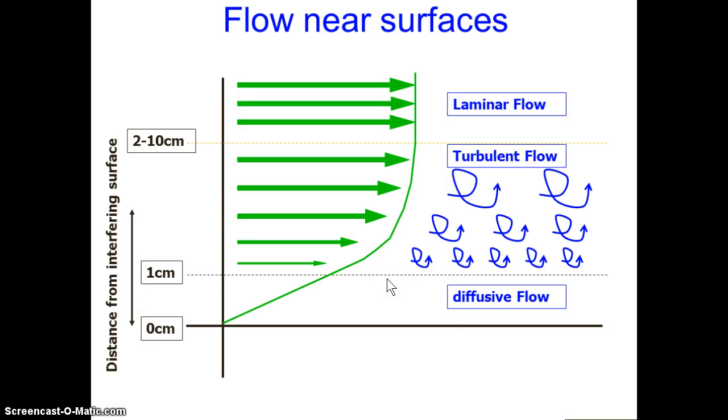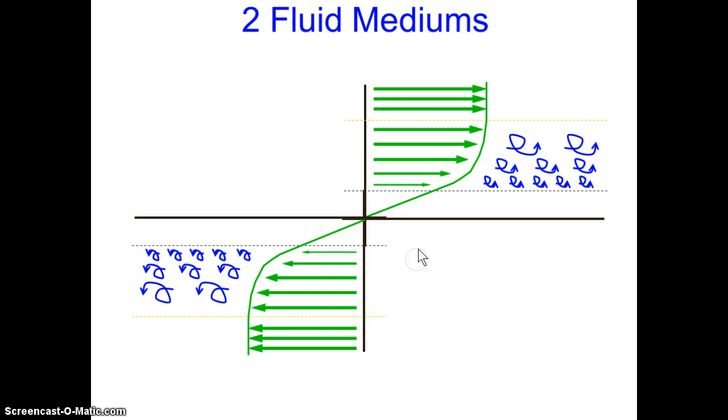We talked about how certain things can be set up due to flow near surfaces, near an interface, right? So if we have flow near a solid surface, we have our laminar flow, our persistent flow up here, and then as it begins to interact with that interface, we generate turbulence.